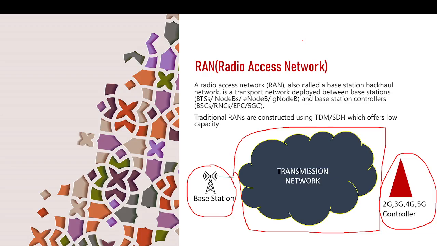I see you said BSC is for 2G, RNC for 3G, and for 4G it's EPC. What about MME and SGW? The EPC is the evolved packet core, because when we are talking of 4G, we have the evolved packet core. The EPC is a representation of many other nodes.